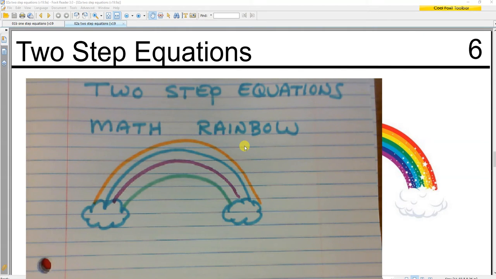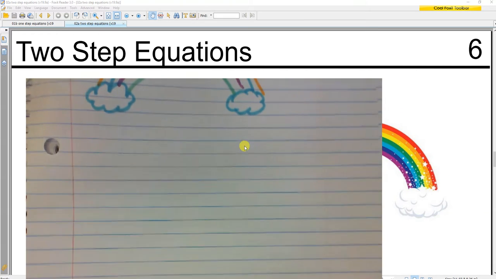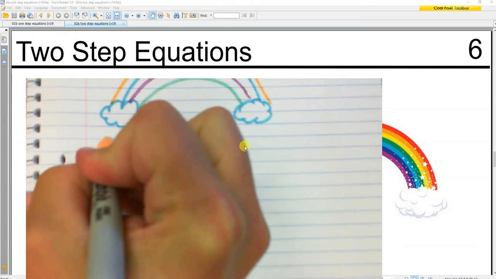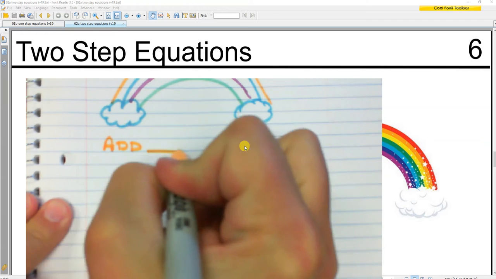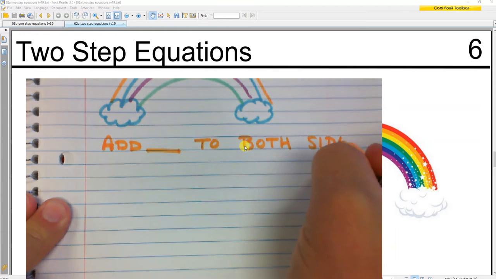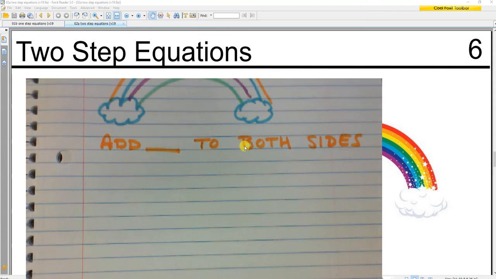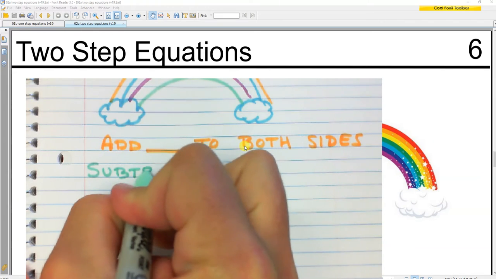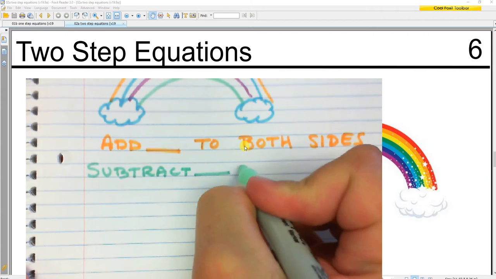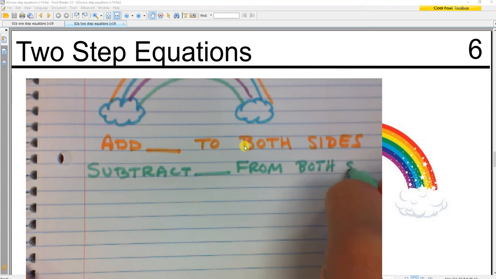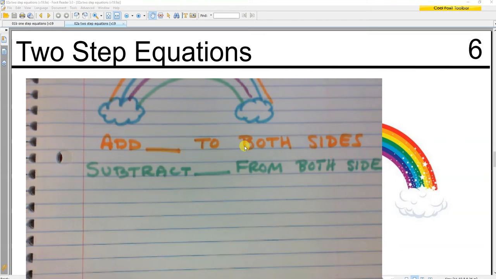Okay, so let's write down our notes for Math Rainbow. I can add blank to both sides. I can subtract blank from both sides. I can multiply both sides by blank.